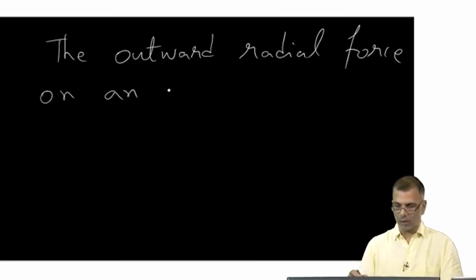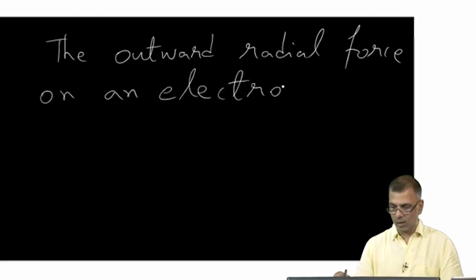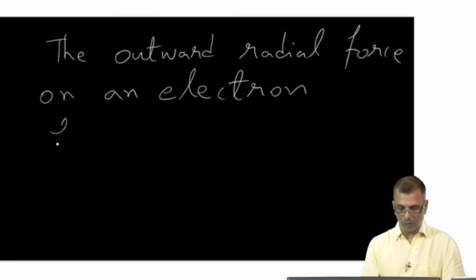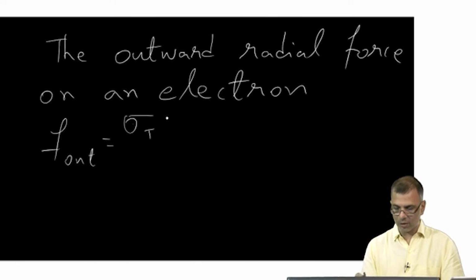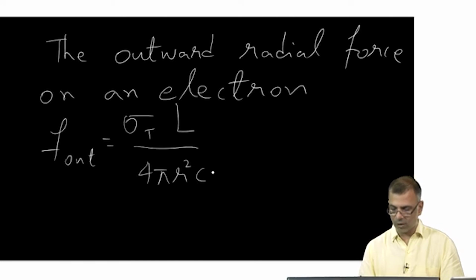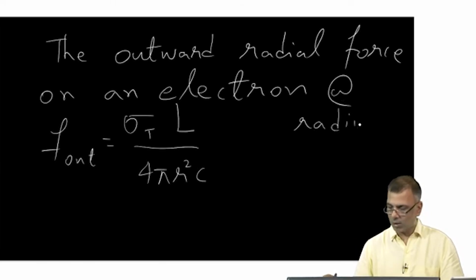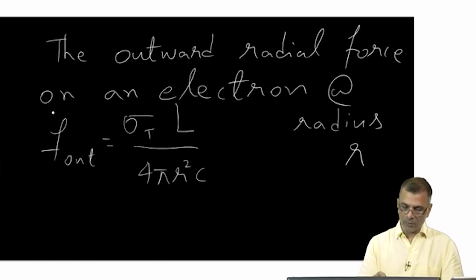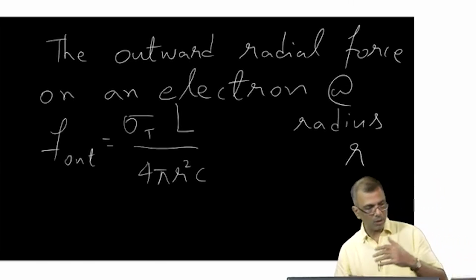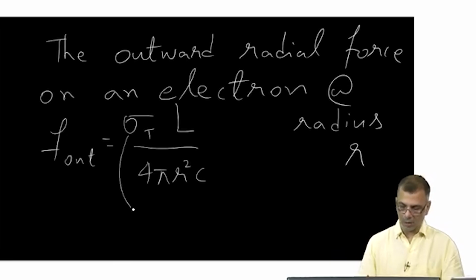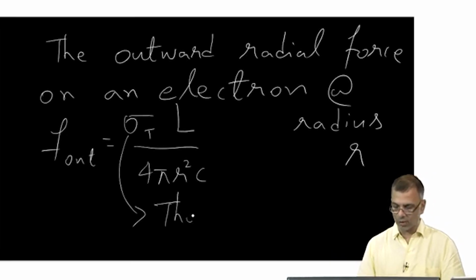So on an electron, due to this radiation, F out is equal to sigma T, this is the Thomson scattering cross section, times the luminosity L over 4 pi r squared c at radius r, of course. At a given radius, this is the outward force.